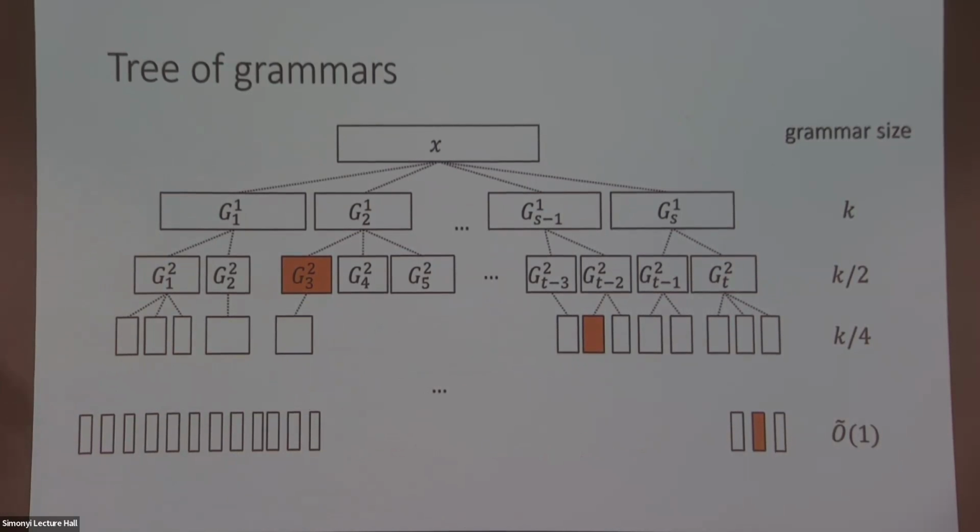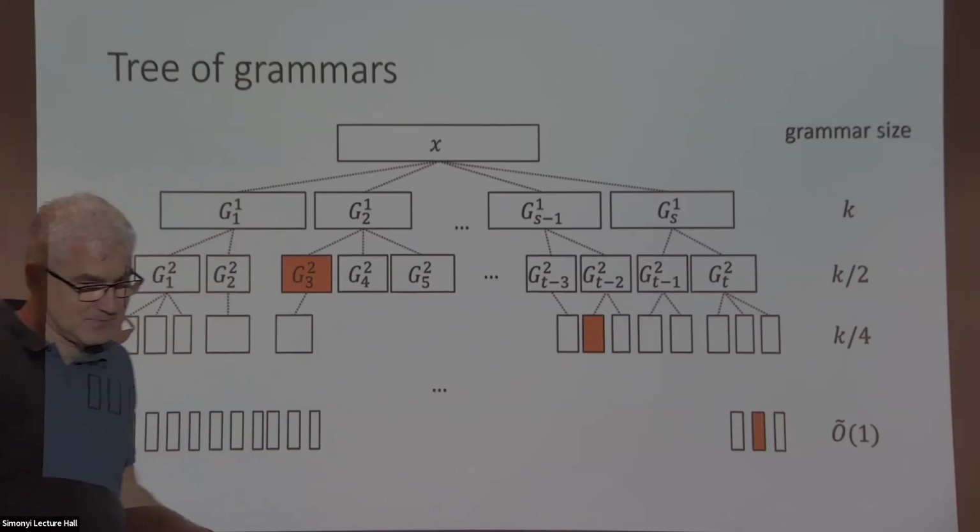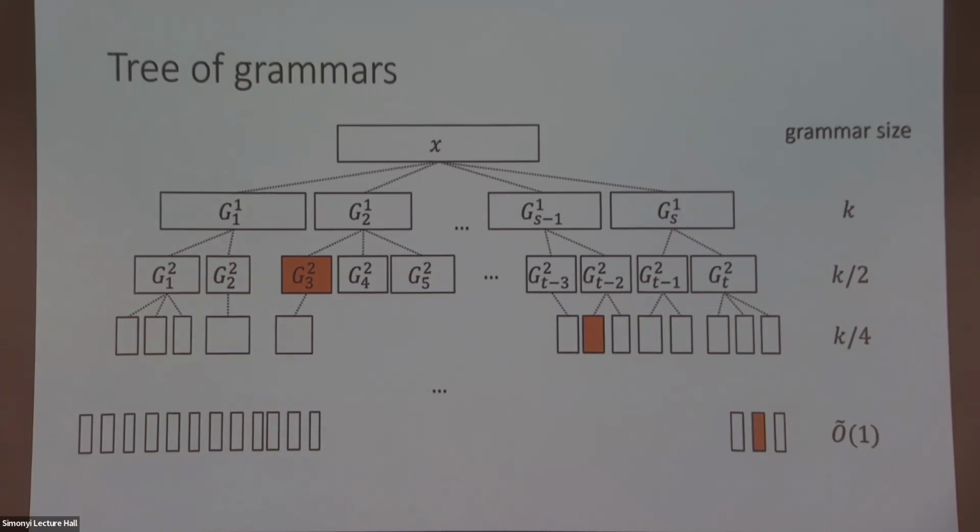Since there are only log n levels, that's fine. So each level will be sketched independently, and we will want to recover the relevance somehow. We will have to see what it means for a grammar to be relevant, because so far there are a lot of errors all over the place.